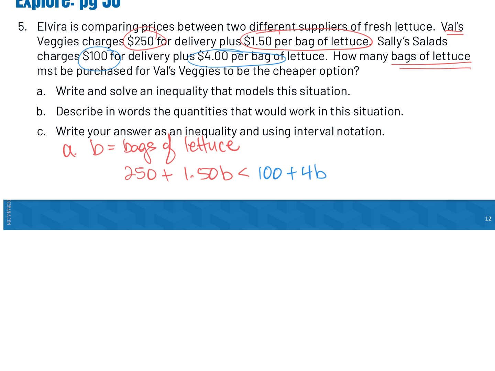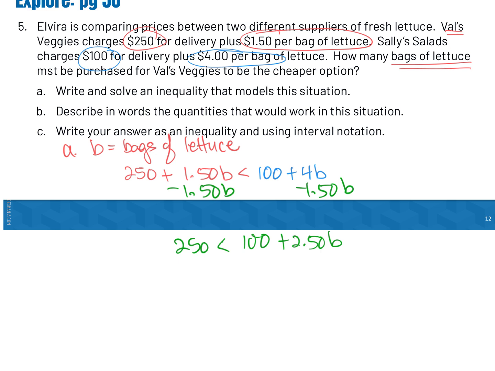All right, so it doesn't really matter, but let's go ahead and subtract off the $1.50 B. So we have $2.50 less or equal to, we still have our 100. Then we have our 4 minus $1.50, so that's $2.50 per bag.